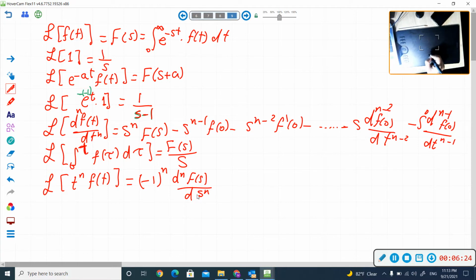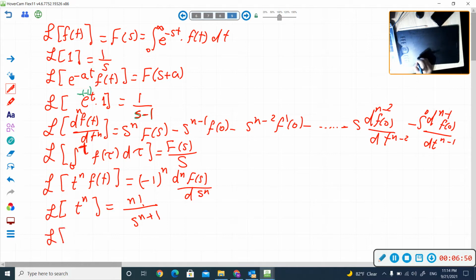Take care. Okay, then we have proven that the Laplace transform of t to the power n is, this is a very common rule, factorial n divided by s to the power n plus 1. And we have derived the Laplace transform of sine and cosine.